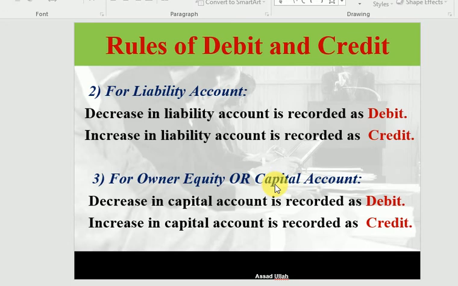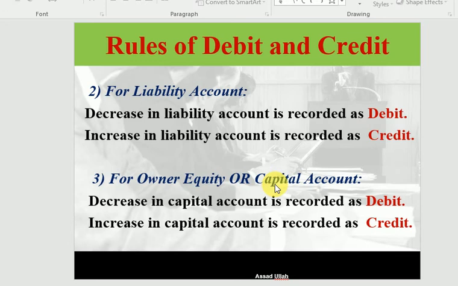So you know that owner equity or capital means when the owner makes an investment in the business, either in the shape of cash or in the shape of goods, that is called capital account or owner equity. So when the owner makes an investment, capital or equity is increasing in the business, and when the owner withdraws from the business, their capital or owner equity is decreasing.